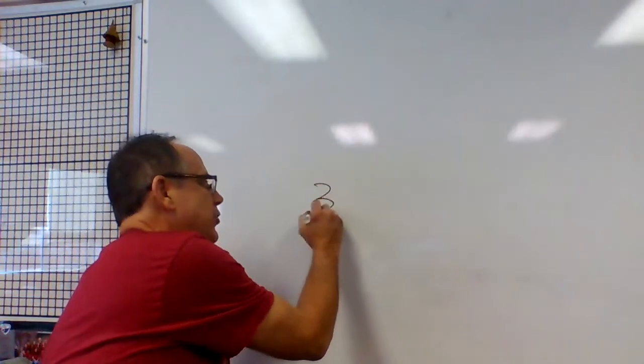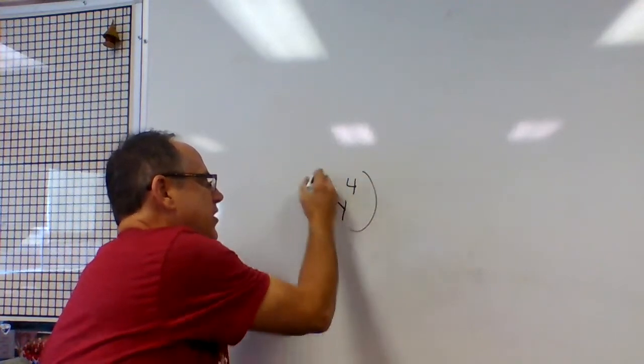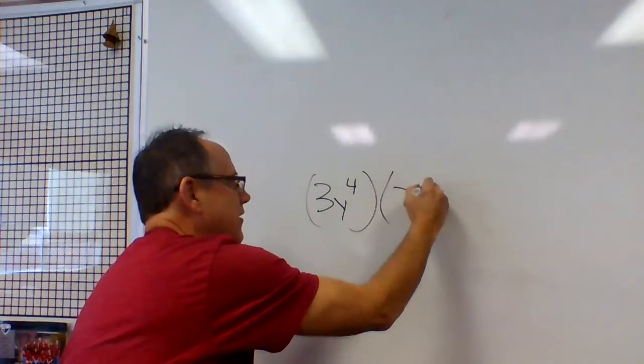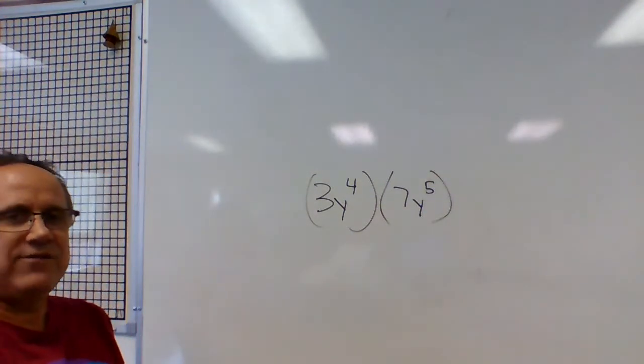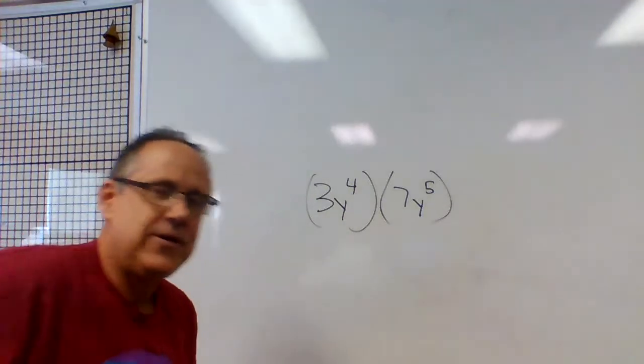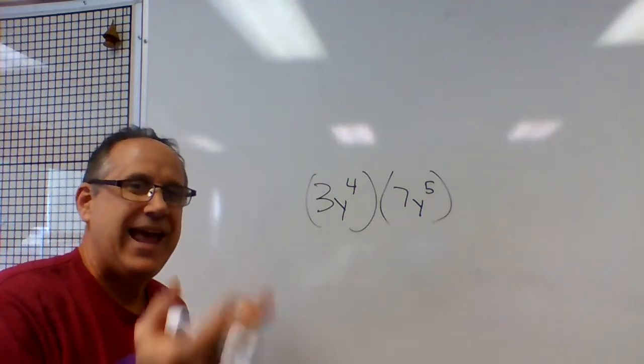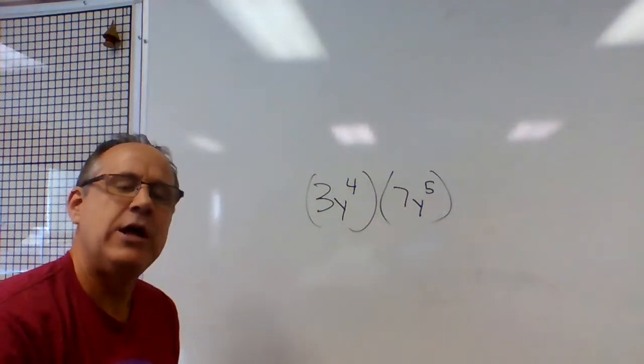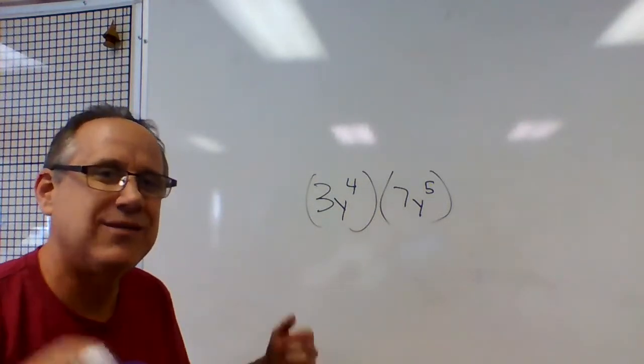We have 3y to the 4th times 7y to the 5th. So here we have variables and we have numbers. So we have constants, we have numbers, and we have variables. When we look at our numbers, we're going to combine the numbers.